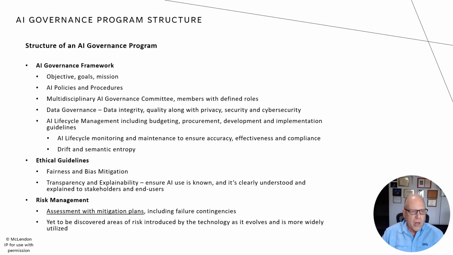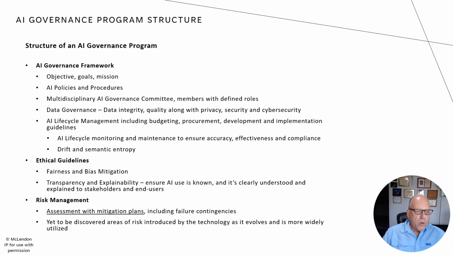All of that has guidelines. AI lifecycle monitoring and maintenance to ensure accuracy, effectiveness, and compliance. And there's things like drift and semantic entropy that I'm not going to try to explain, but they do mean that as the AI runs, it might change its answers and output. We have to watch for that.